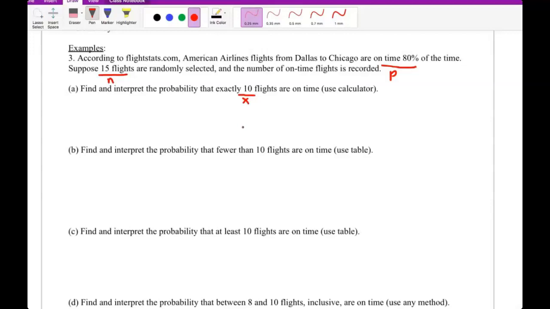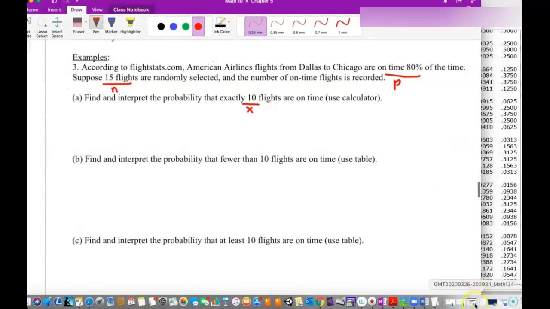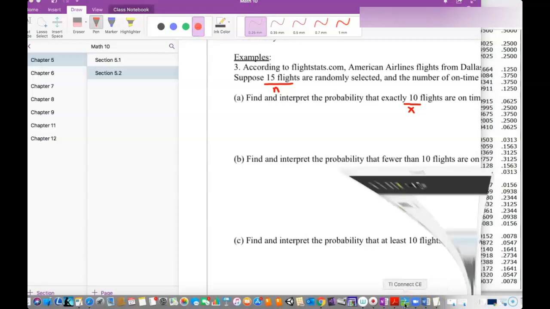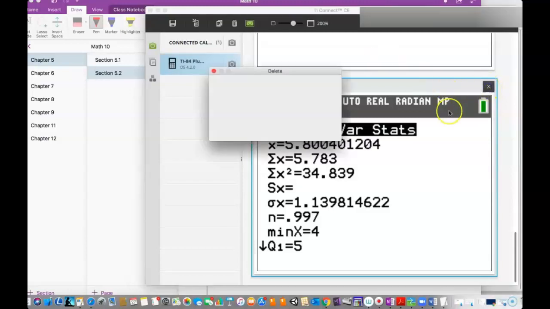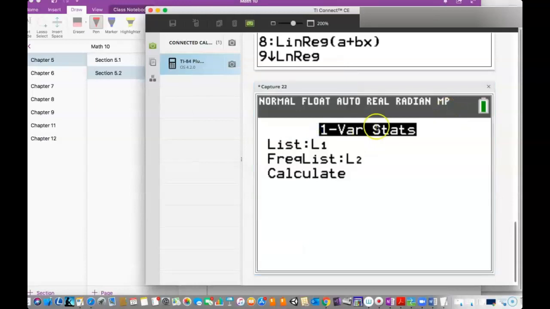So first press second, then vars. Okay, then I'll take a picture of my calculator.